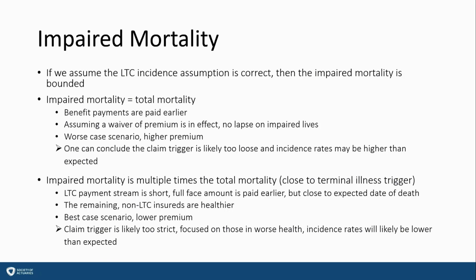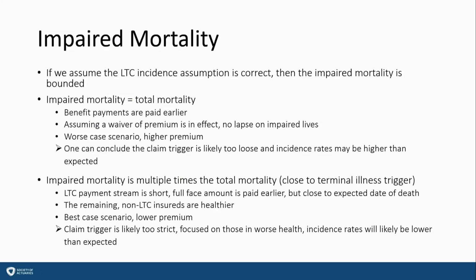Your assumption on what definition you're going to use. So if you think in the first example that everybody in the impaired group has the same mortality as everybody else, you obviously are thinking your definition is quite loose. You're just going to give the benefit to everybody who applies. And that means that obviously the mortality of that group is going to be lower on average, and more people are going to qualify.